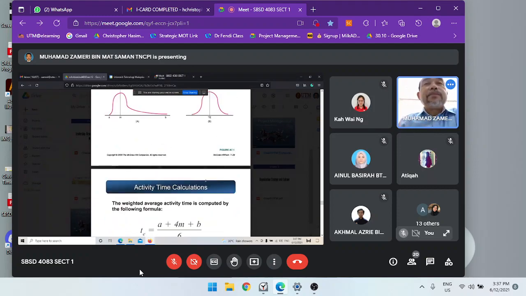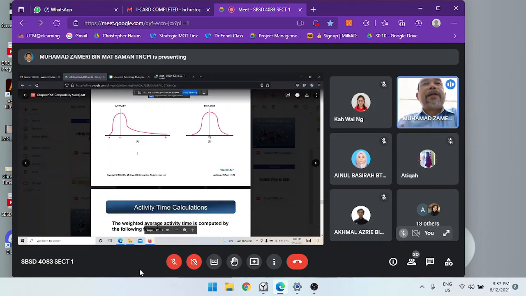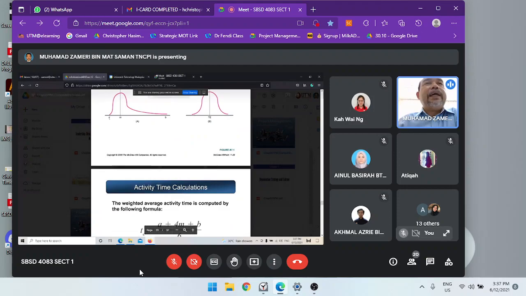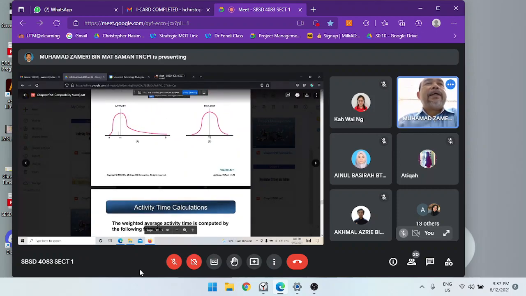Because we have three types of time here, we have A, we have B, we have M. M is our target, A is a minus, B is a plus. Something like M plus minus 0.1. That means A is minus 0.1, B is plus 0.1.